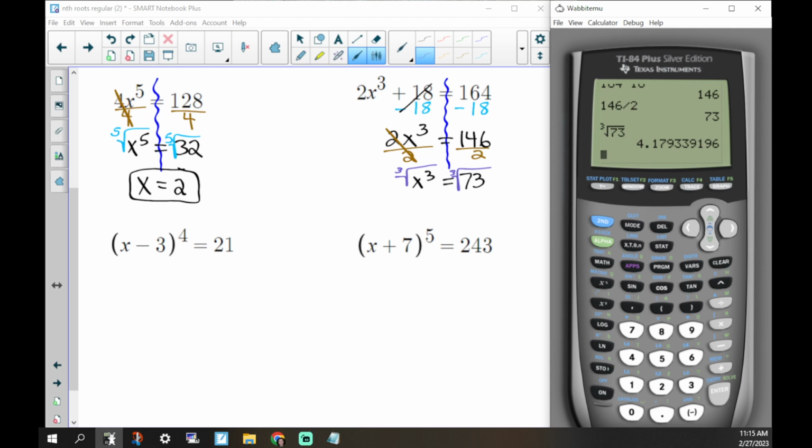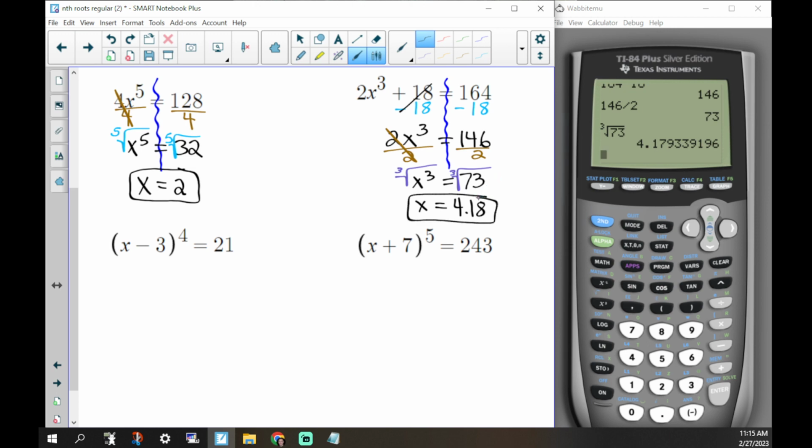And I get 4.179339196. Now I don't need to write down that whole number. Remember, this is just going to be x equals. I do have an odd number, that 3, so there'll be one solution. If I round that, I look at the 9 in the third place, I can make this 4.18.